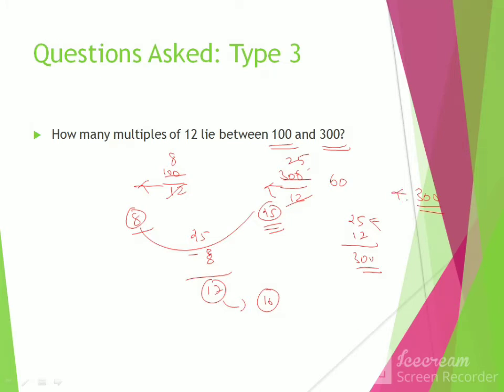But we are supposed to take only the numbers lesser than that. 288 is the maximum number that we need to take. The only trick left is that if the given number is exactly divisible by the number, that number has to be discarded, as we need numbers lesser than that. So instead of 17, it will be 16 as the number of multiples of 12 between 100 and 300.